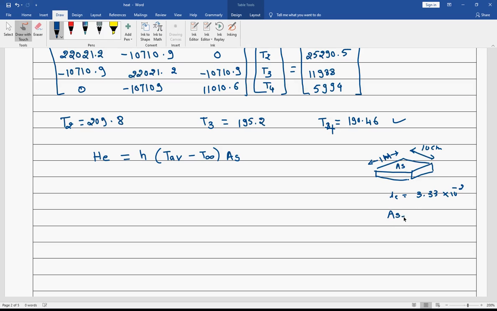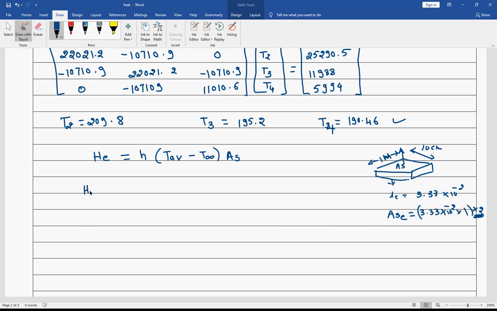Therefore, surface area for each element is 3.33 into 10 to the power minus 2 into 1, and it has heat loss from the top side as well as from the bottom side, so this will be multiplied by a factor 2. Okay, so this 2 is important because it is double-sided heat loss.